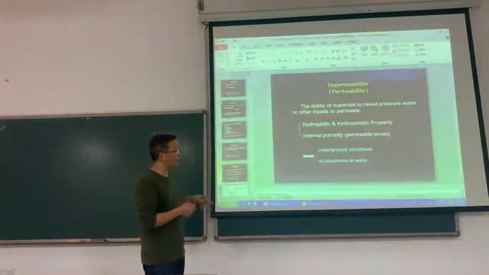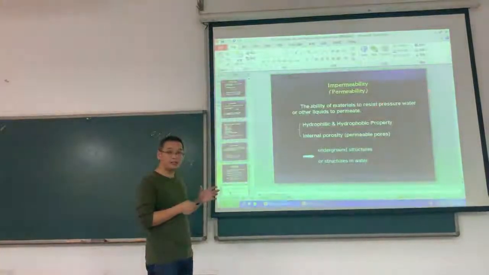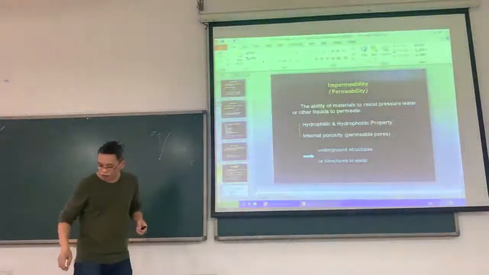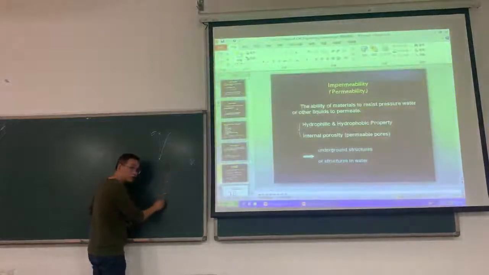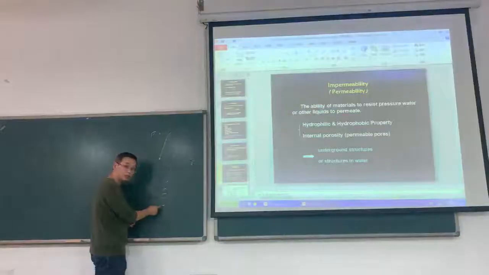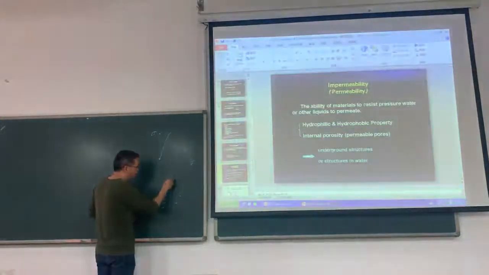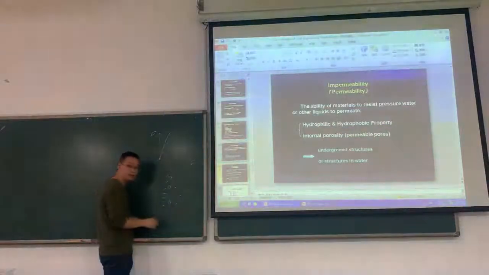The impermeability means the materials resist the pressure water. Last time I showed this. This structure is a concrete structure. This is the water, and the first place, second place, third place.